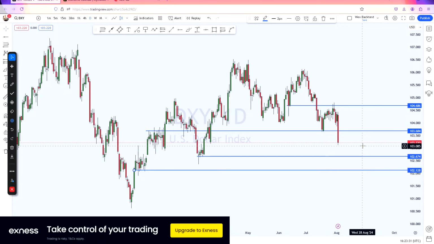We have seen price break support and there's a potential that price is likely going to drop to this support level. Either way, we might have a correction. As a price action trader, we are expecting a retest, then a continuation. But regardless of whether retest or not, it is a downtrend for me.